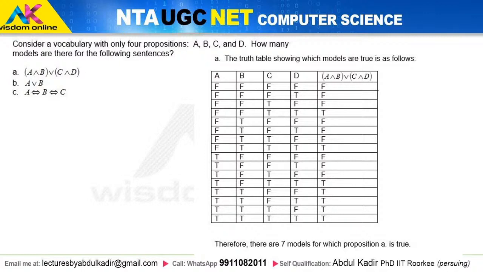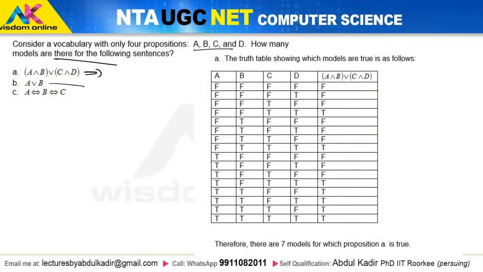Let me answer it. Consider a vocabulary with only 4 propositions A, B, C, D. How many models are there? So this we have already solved. How many models are there for the following sentences? Now you can very easily answer it.